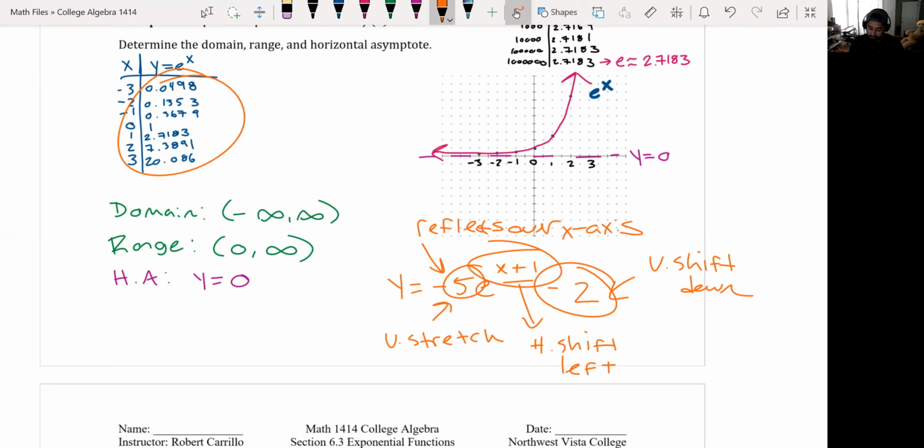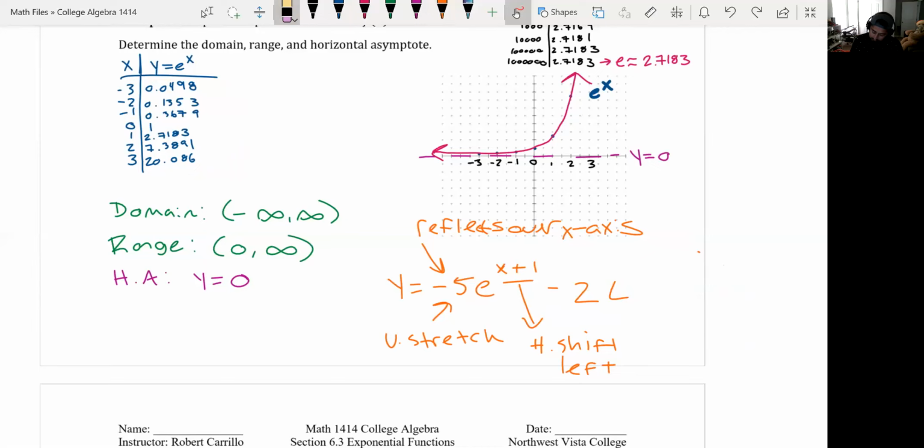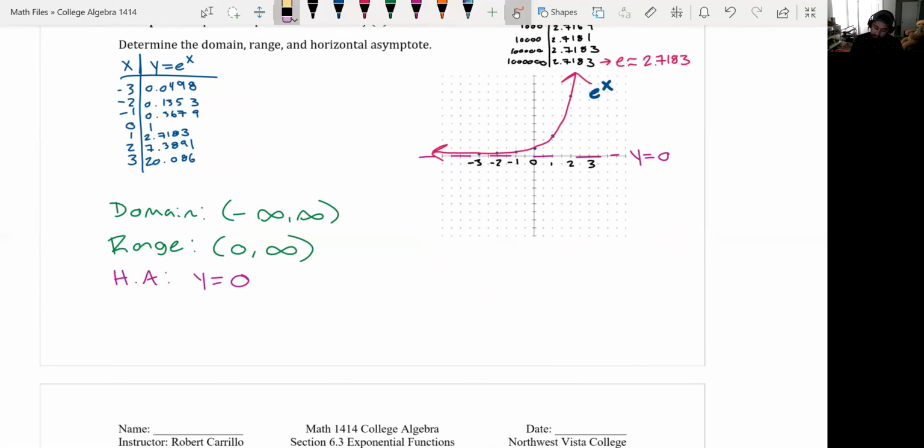Everything we know about transformations. Nothing new. The only thing new here is now we're dealing with a different type of function. But all the transformations would remain the same. So what would that look like?